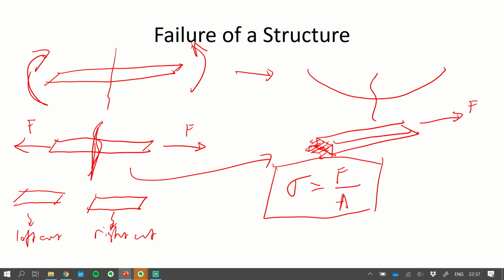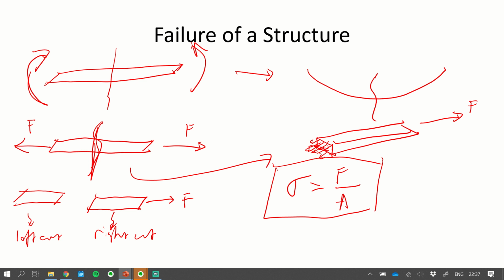First, I want to analyze the right cut. We can see that the external force given to this particular cut is like this, F. Like it or not, whenever we talk about statics, the equilibrium is supposed to be there.